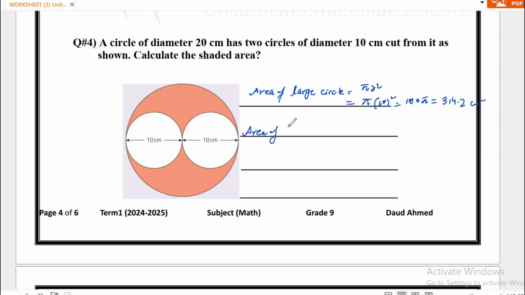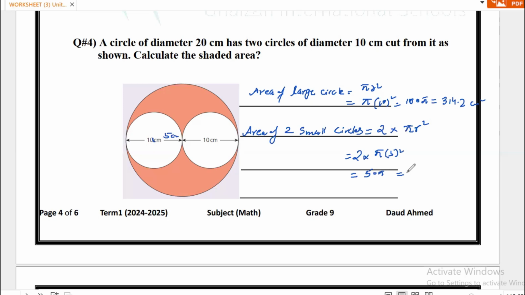Area of two small circles. So there are two small circles. Again, the area of a circle is pi r square. So that means 2 multiply pi r square. The r for small is 5 centimeter. So 5 square, which is equal 5 5s are 25. 25 multiplied by 2, 50. 50 pi.